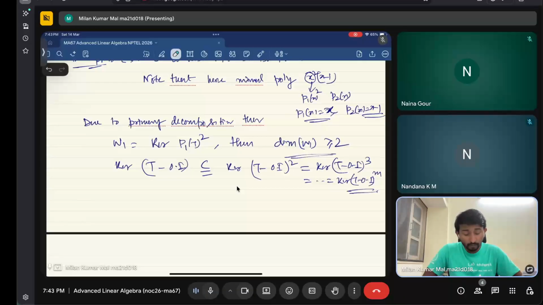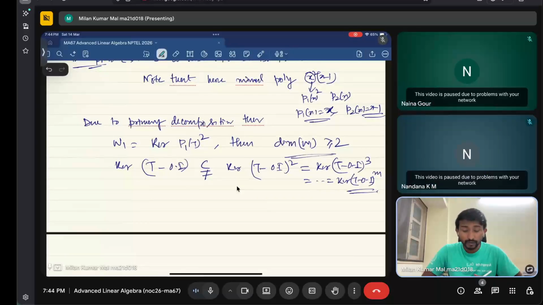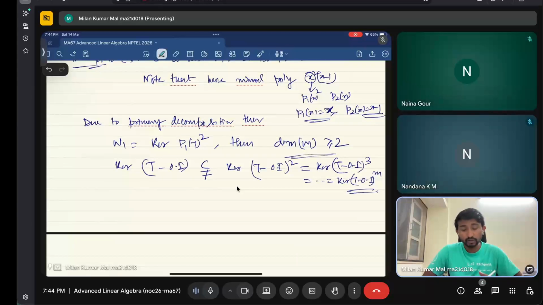Of course this last option will be correct. That is what I am trying to say. I am trying to say that this containment is proper. If this containment is proper, then there will exist a vector such that T square v is equal to 0, v is non-zero, but Tv is not equal to 0. This is what I am trying to say.